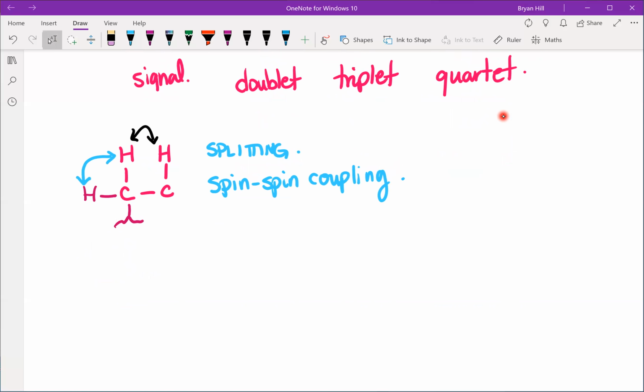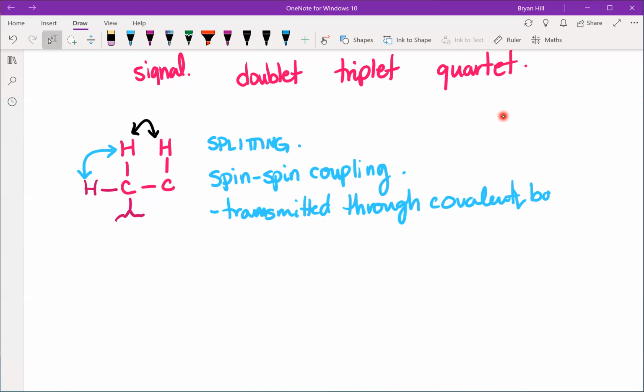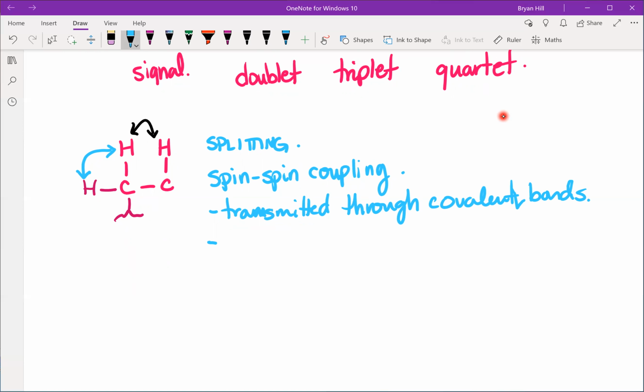And so this spin coupling is basically transmitted through covalent bonds. And it's measured in hertz. And it's got a special name called a coupling constant.